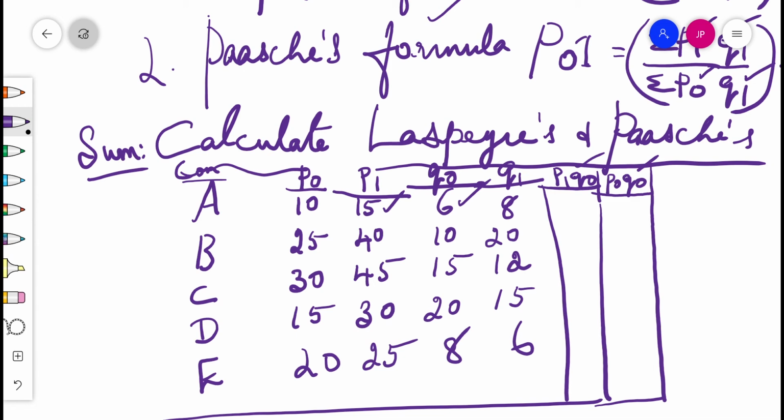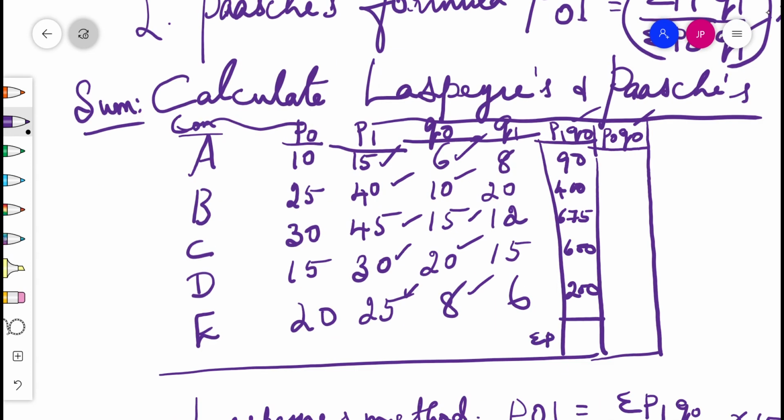P1 Q0: 15 into 6 is 90, 40 into 10 is 400, 45 into 15 is 675, 30 into 20 is 600. See the columns correctly. 25 into 8 is 200. When we add these up, sigma P1 Q0 is 1965.